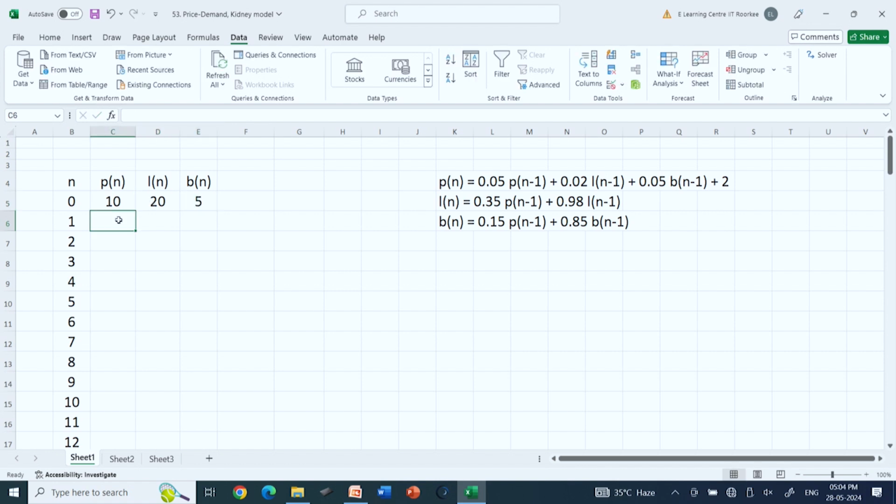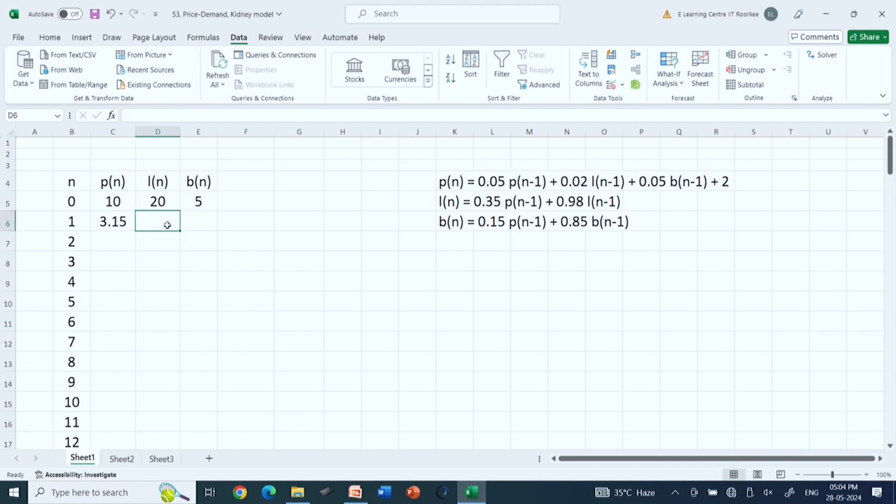So, this is equal to 0.05 multiplied by p plus 0.02 multiplied by the L value plus 0.05 multiplied by the initial chemical value plus 2.